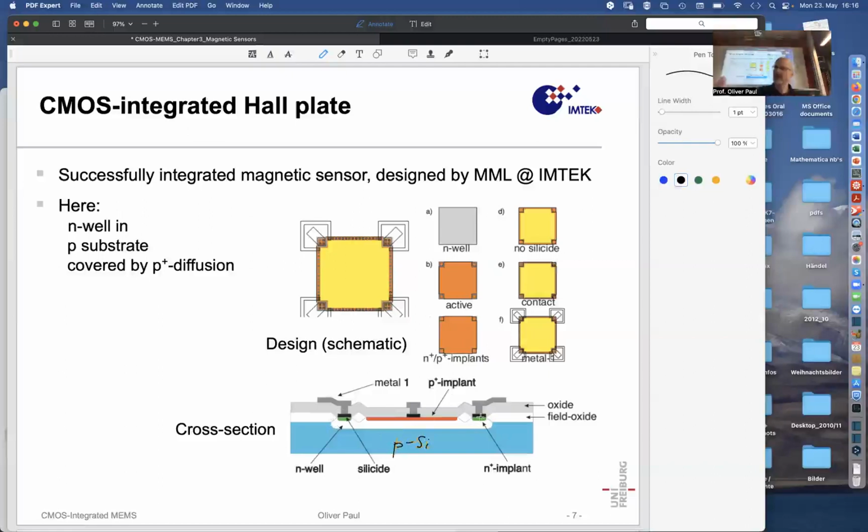The same N well that can be used to fabricate some P-channel devices, P-channel FETs in it, as we have seen in chapter 2 at the beginning. Now, those N wells are usually a bit deeper than the microelectronic circuitry N wells. There are N wells that have, let's say, 3-4 microns of depth, which would be an overkill for microelectronic circuitry.